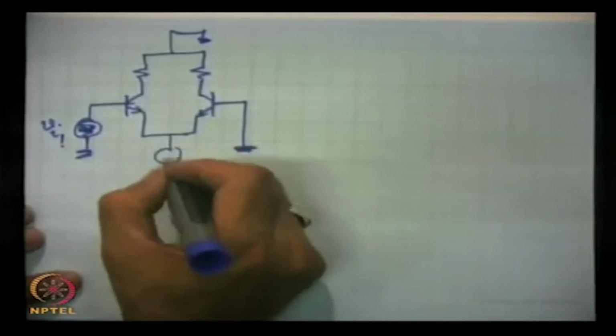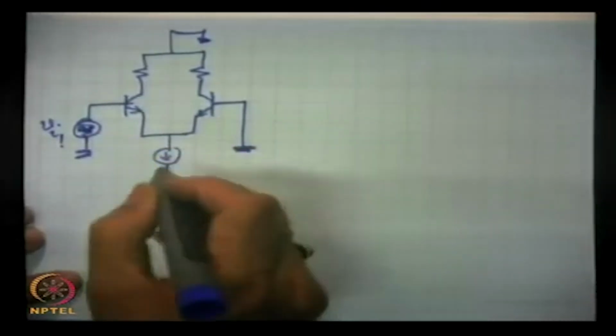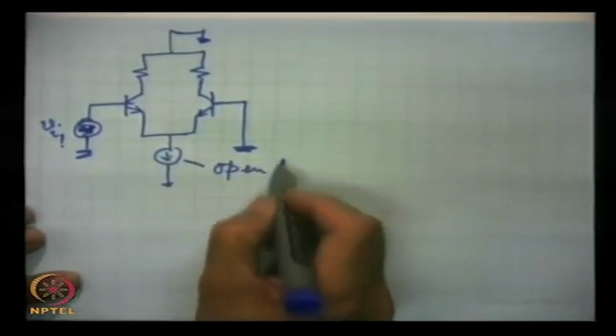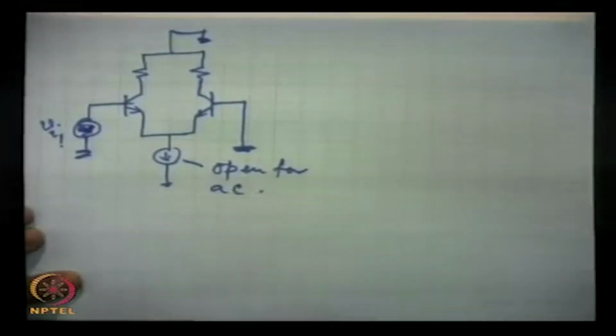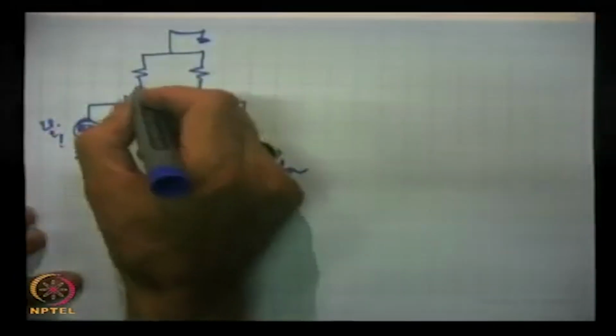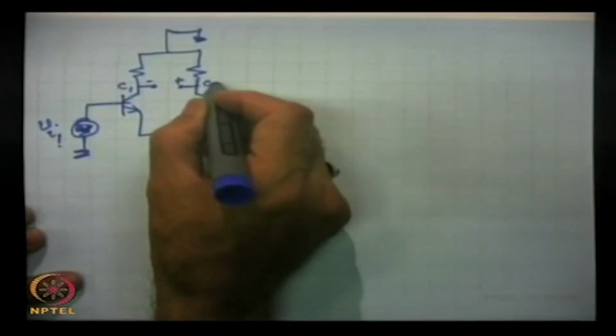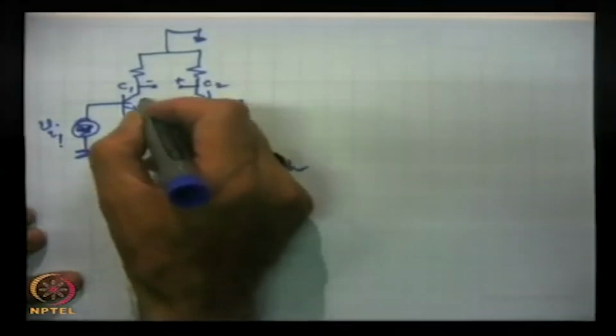This is Vi1, and this is grounded, and here this is the DC source, open for AC. Now, this is the output taken between the two collectors C1 and C2 of transistors Q1 and Q2, and this is V0.